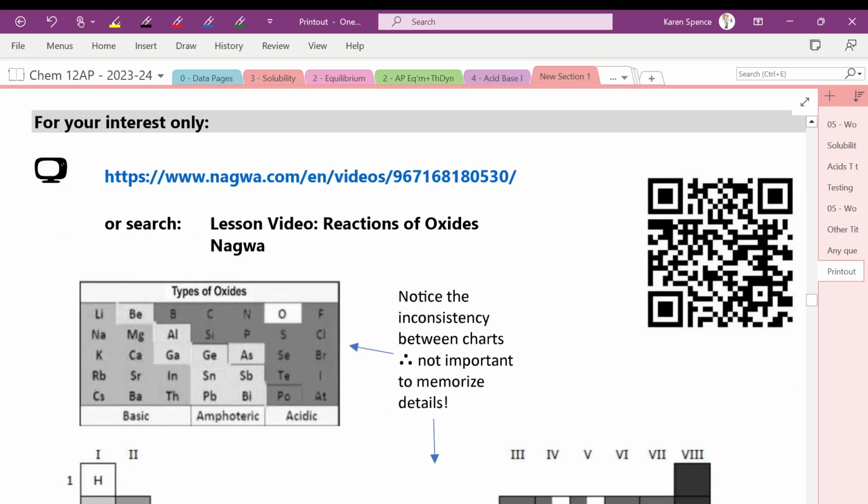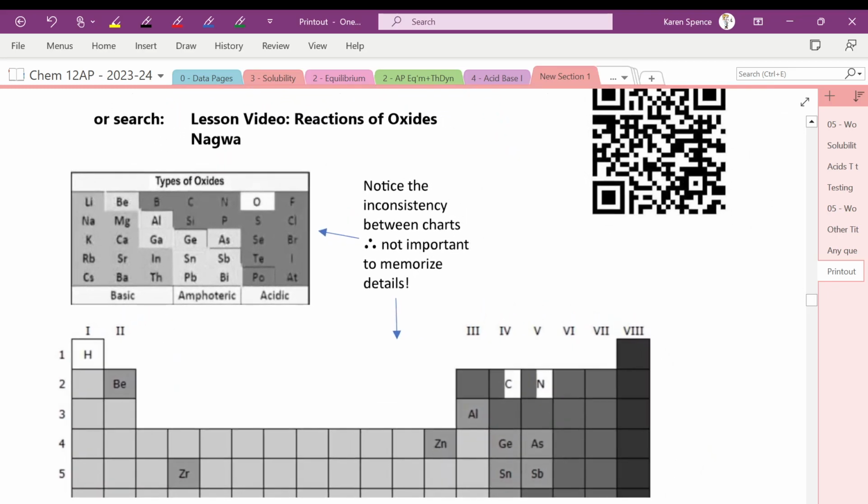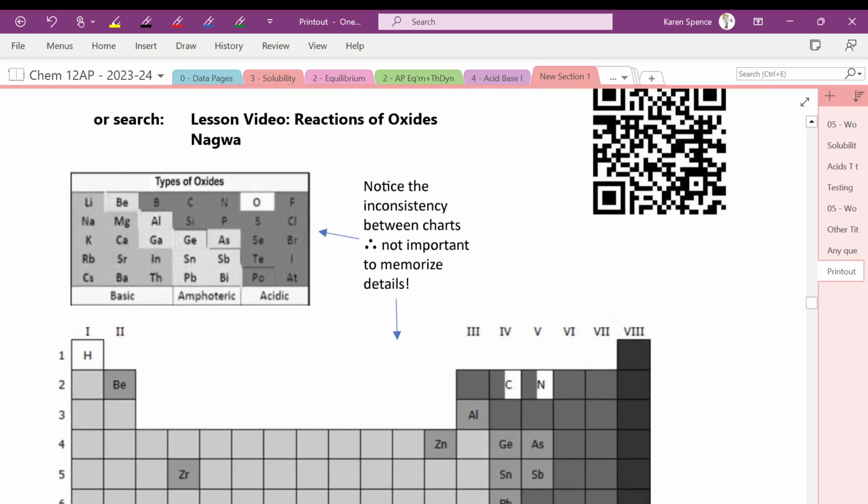So let's move on. Oh, and just so you know how unimportant it is to know the amphoteric ones, they can't even decide consistently between different charts I looked up which ones are amphoteric. According to this table, these are the amphoteric ones.